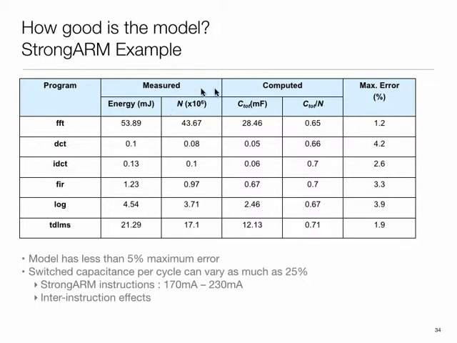This is work out of MIT many years ago, and what you see is for different programs running on some data, so FFT, DCT, inverse DCT, FIR filter, computing log, and time delay least mean square, they measured the actual power consumption versus the computed power consumption. They computed the C-tot and the other parameters, and the error is pretty good. They're basically within 5%, even with a simple model like this.